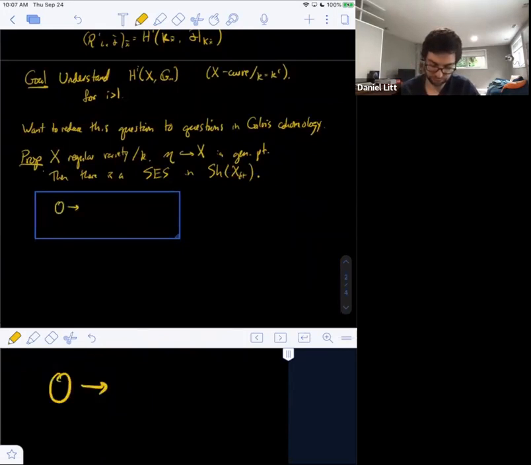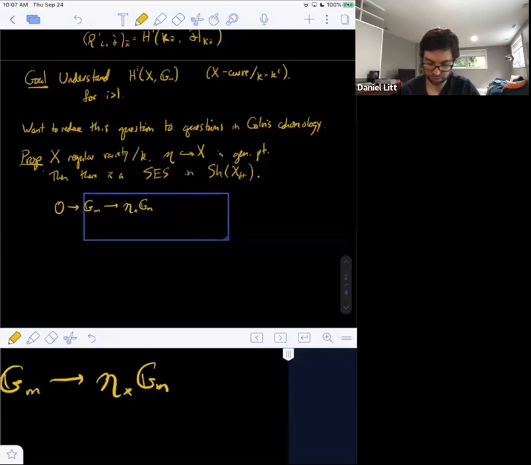So there's a short exact sequence going from G_m to eta lower star of G_m. If you'd like, you can think of this as eta lower star pushing forward G_m from the étale side of eta, or you can think of taking the pullback of G_m to the étale side of eta, that's just G_m, and then pushing it forward again.